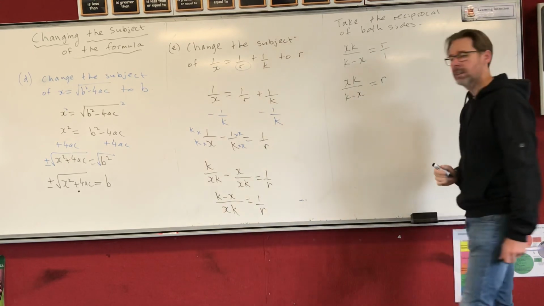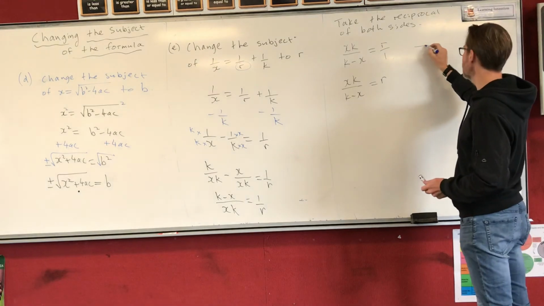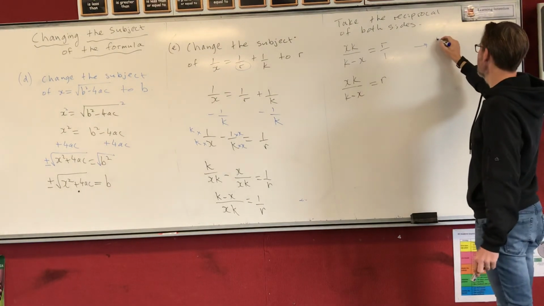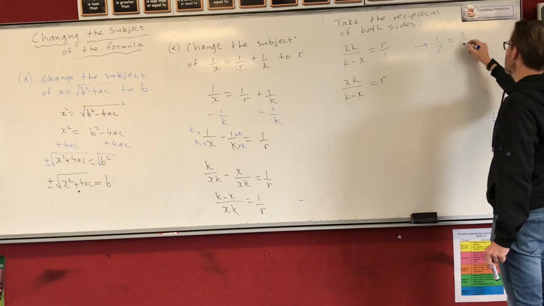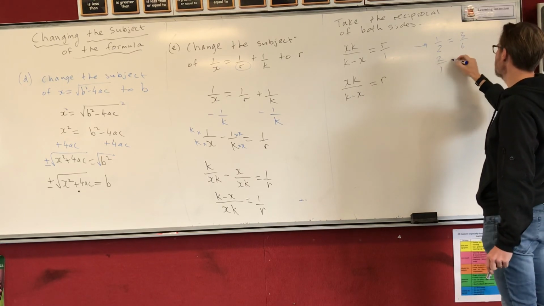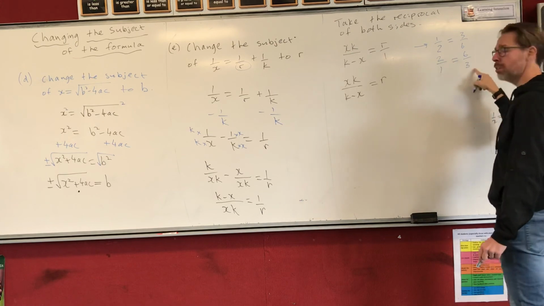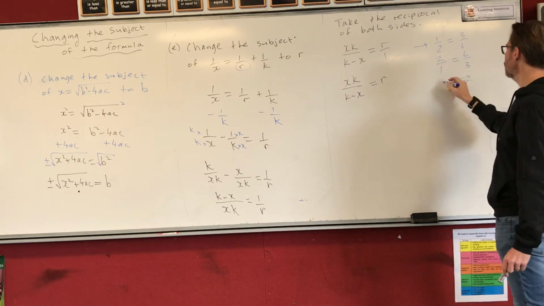Done. Alright? Now some of you might be saying, how can I flip the fraction? Well, think about it. If I have, let's say, a half is equal to 3 over 6. Now if I flip both fractions, I still get a true statement, don't I? 2 over 1 is the same as 6 over 3, isn't it? 6 divided by 3 is 2, and 2 divided by 1 is 2.